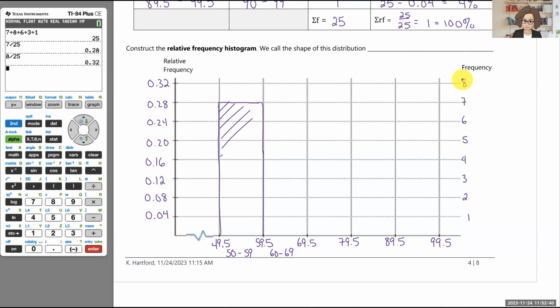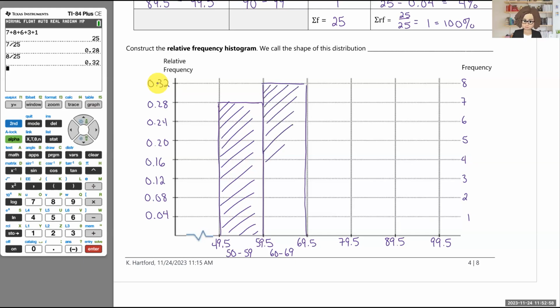And then I'm just shading it so you can see it a little bit better. And then my second group of students in the 60s, there were 8 of them, or equivalently 0.32 or 32%. So there's my next group of students.